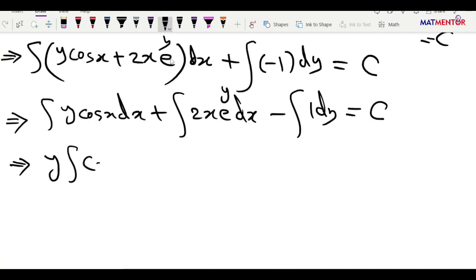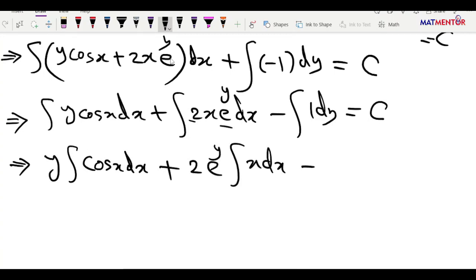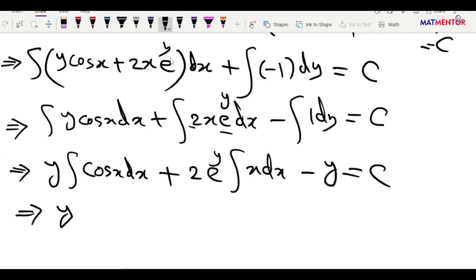So y ∫cos x dx plus, again we are integrating with respect to x, so 2 and e^y are constants and we will bring them outside the integral, minus the integration of 1 with respect to y, which is y. So y times the integral of cos x, which will be sin x, plus 2e^y times the integral of x, which will be x²/2, minus y equals c.